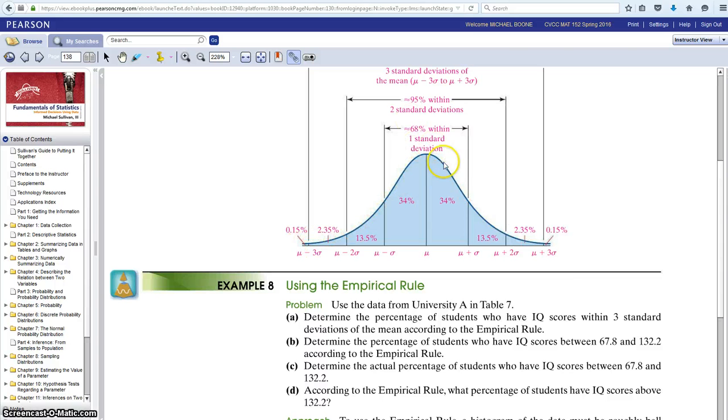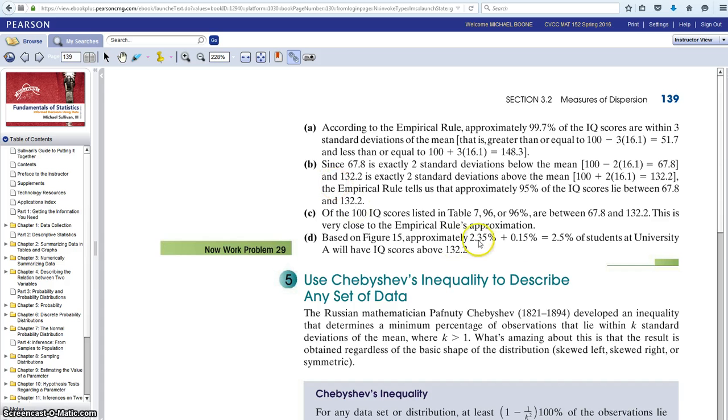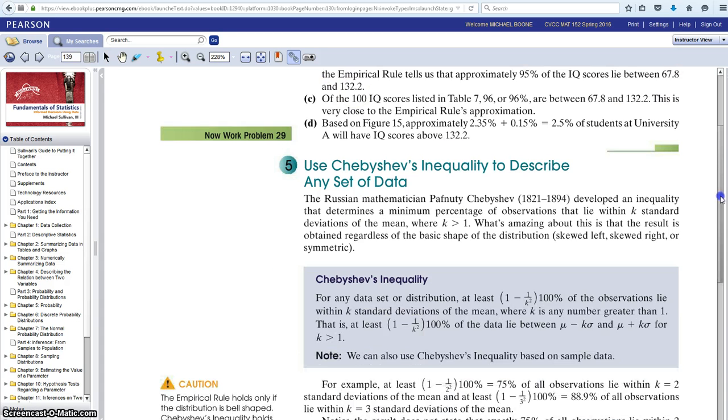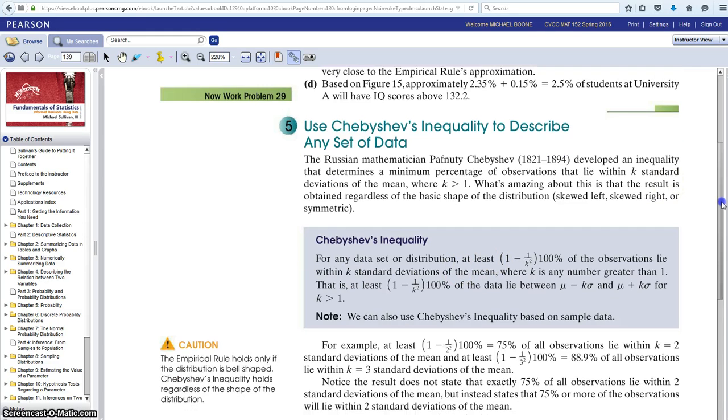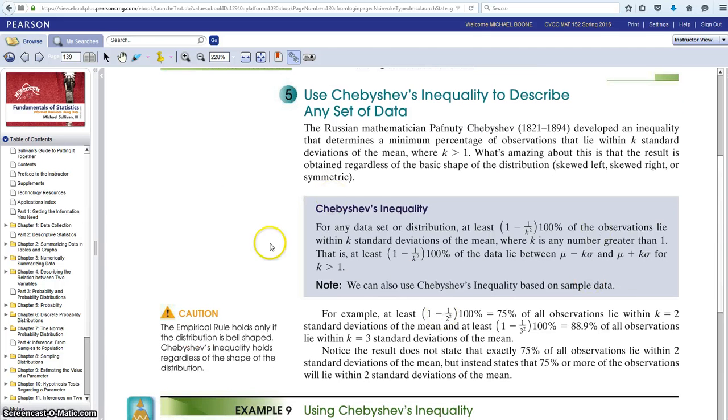But if we know the distribution is symmetric and unimodal, and it follows this normal bell curve, we know 95%. So that's the difference between the empirical rule and Chebyshev's rule: all I know is that it's at least 75% of the data that lie between. So this is for any data set. It doesn't have to be normal. So that gives you the idea of how to do a Chebyshev's problem.